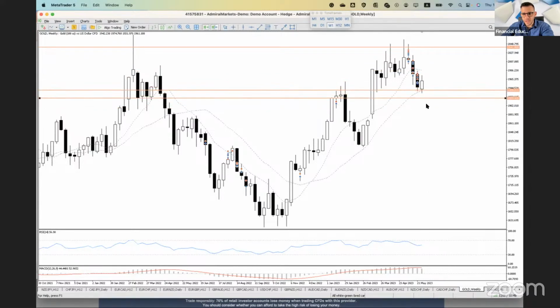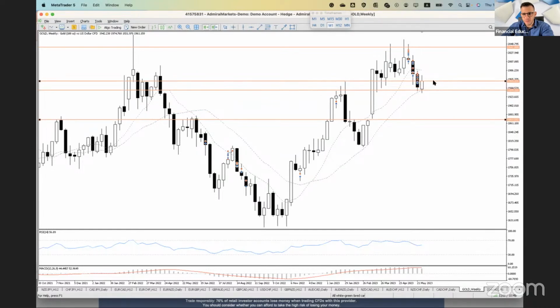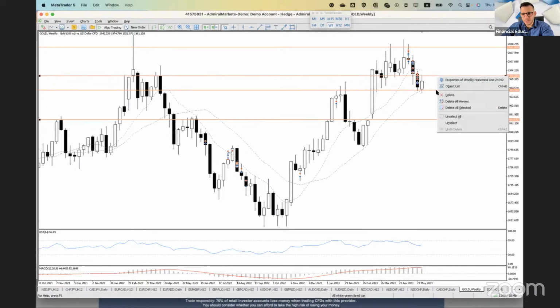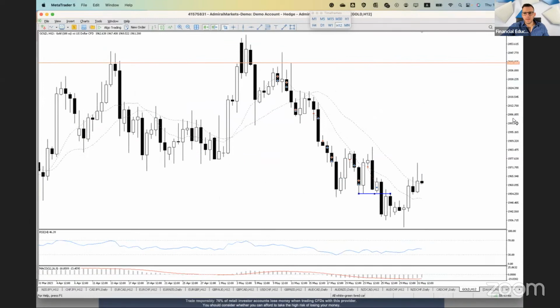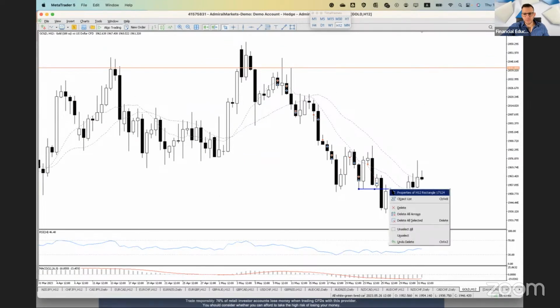So weekly chart, I see the next area of support here. Okay, I will keep it clean. So price retests this resistance, it's selling off. On the execution time frame, it's not relevant anymore.